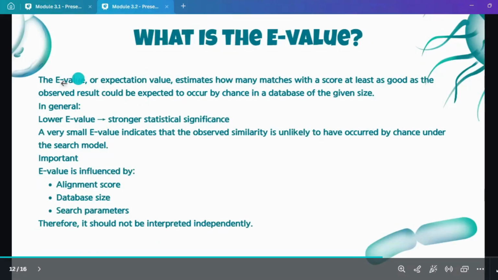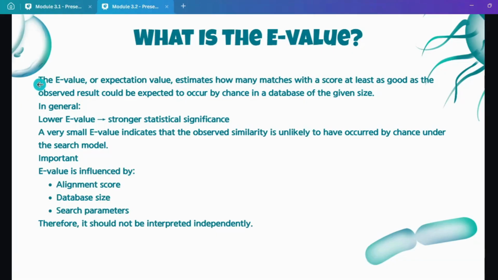Now, very important: e-value. The e-value means expectation value. It estimates how many matches with a score at least as good as the observed result are expected to occur by chance in a database of the given size. If you are not getting this statement, don't worry, just keep in mind that a lower e-value means stronger statistical significance.